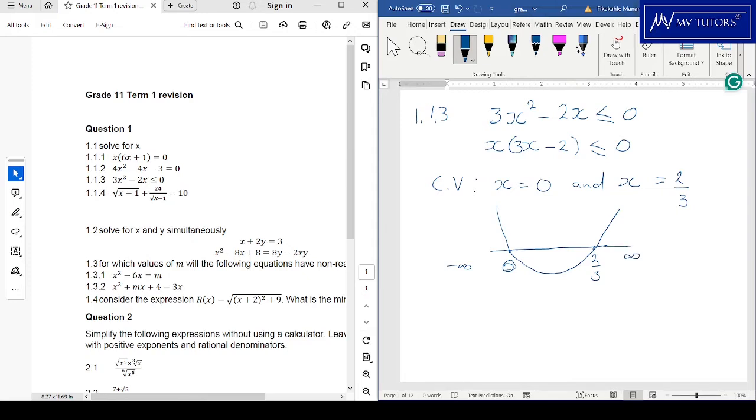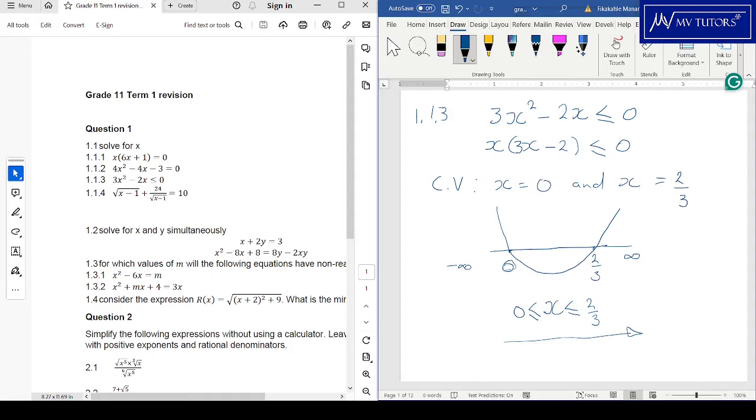Which option I choose is based on this inequality sign. Now I'm going to put x and then that inequality sign. Now which one is the answer where it's below the graph? Below the graph, I see it from 0 on the left to 2 over 3 on the right. That's my final answer. That's the only option that I choose.